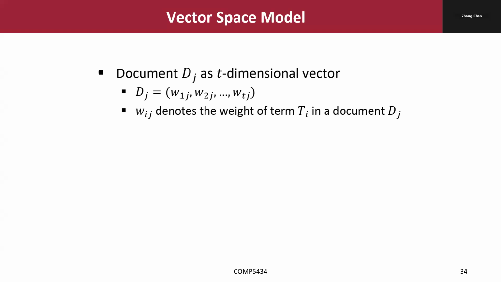For example, we can measure how close two vectors are. Of course, there are many ways; for example, we can compute the cosine similarity, and so on. We have many ways to do that.